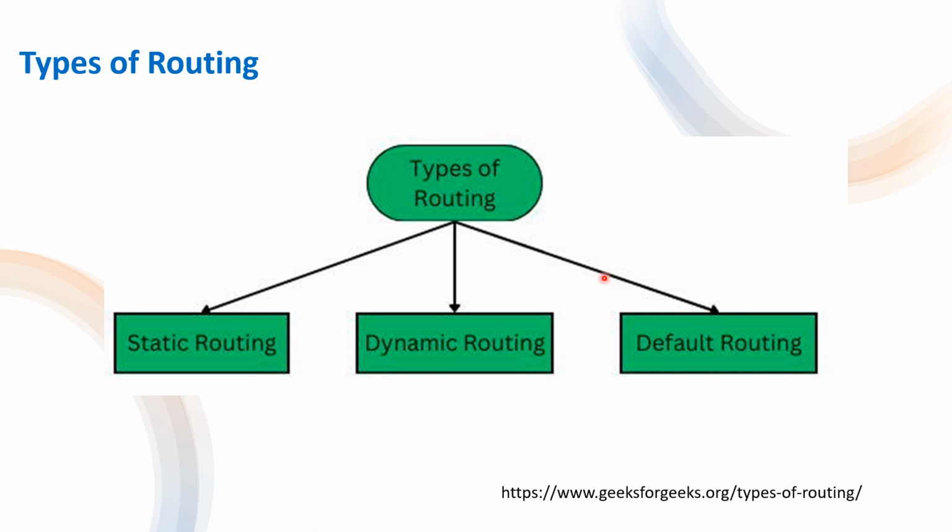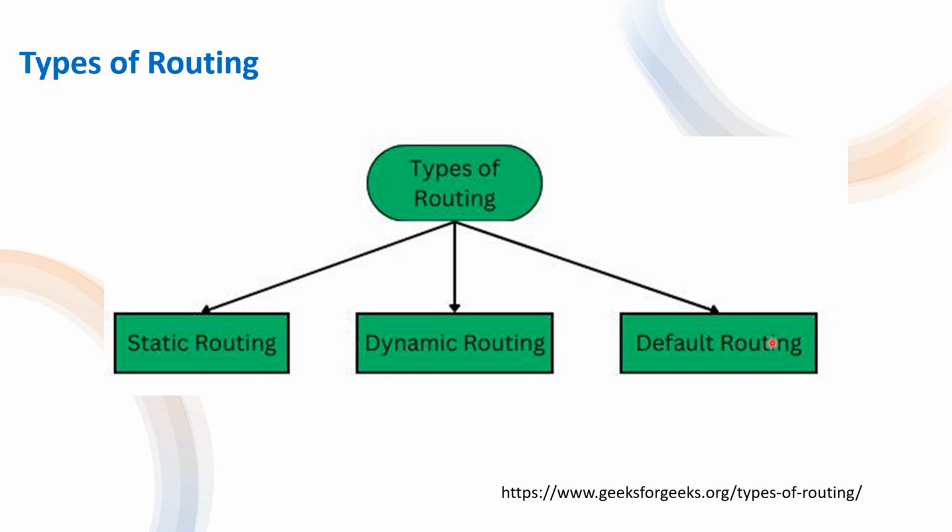There are three main types of routing: static routing, dynamic routing, and default routing. Static routing involves manually configuring routes, making it ideal for small, stable networks, but it requires manual updates when network changes occur.